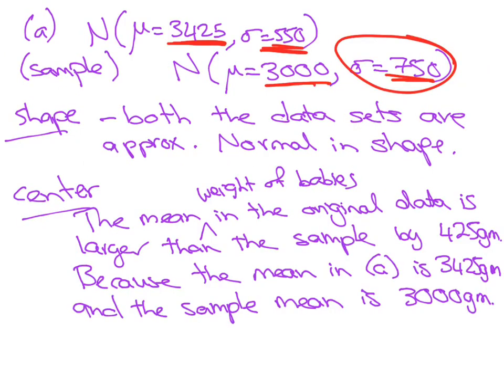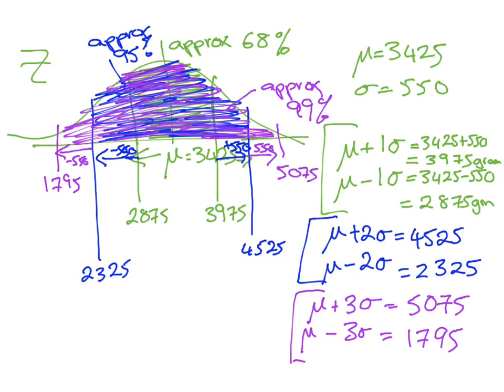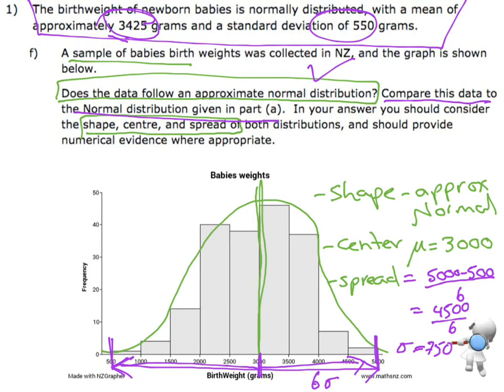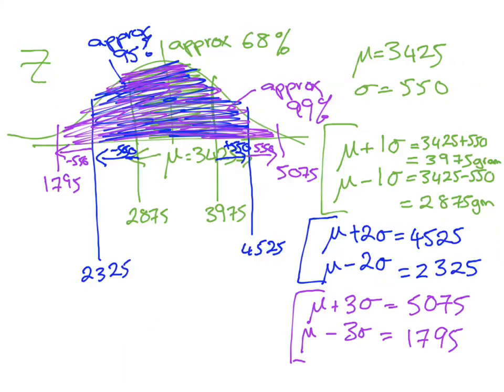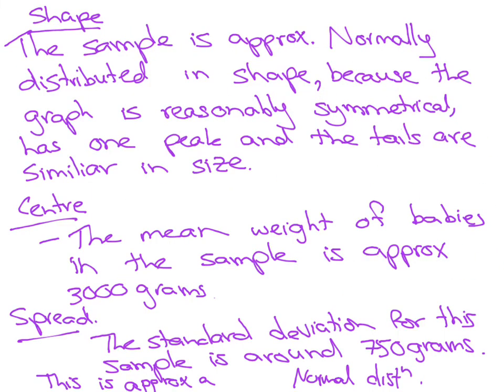So we need to look at marking this. If you are able to find for me this information here, shape, centre, spread, and write it up in the sentence, which is this one here, so write me up 2 of those 3 sentences, then that gets you the achieved.